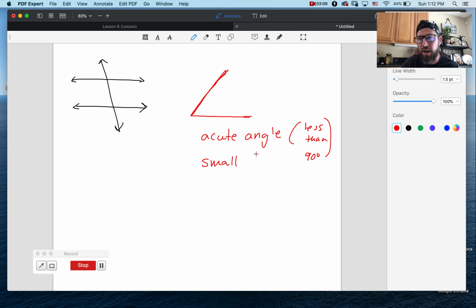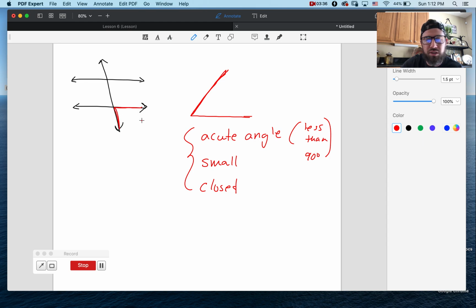You need to be able to identify an acute angle. This guy here, look, he's kind of closed. You can see that. It's like a mouth. He's closed. I'm going to call this either acute angle, small, or even closed. These are all words that I'm going to associate with this type of angle, and you need to be able to identify that. This guy right here is an acute angle.